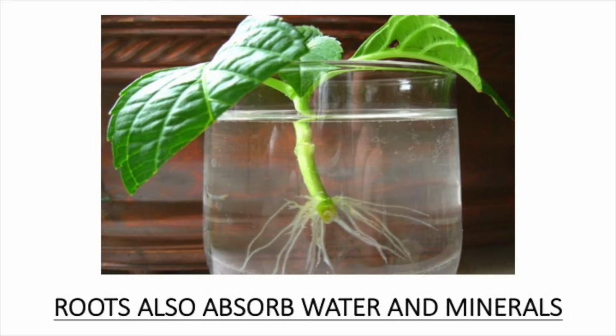Roots also absorb water and minerals. This means that inside the soil, the roots collect water and other different types of food for the plant to feed and stay alive. Because don't forget, the plant is a living thing.